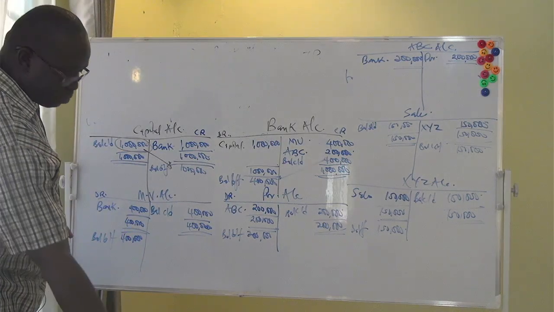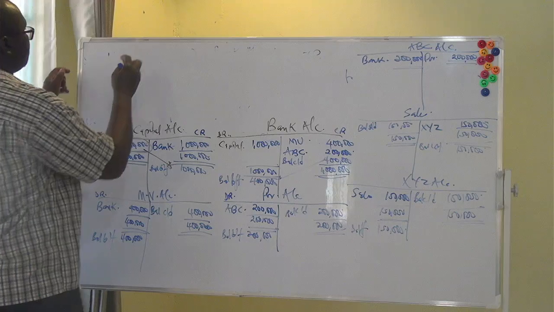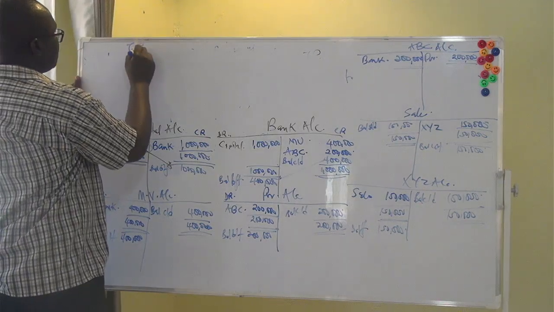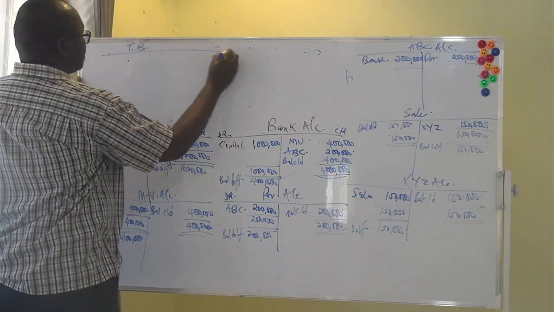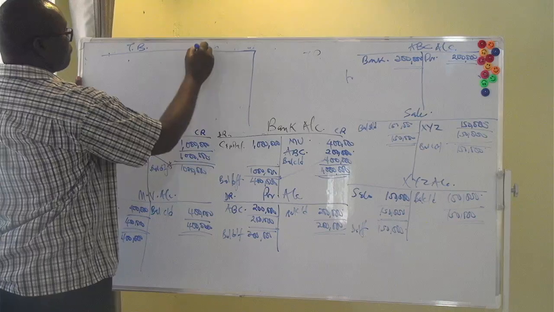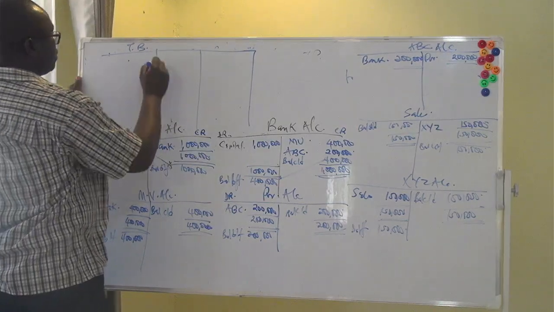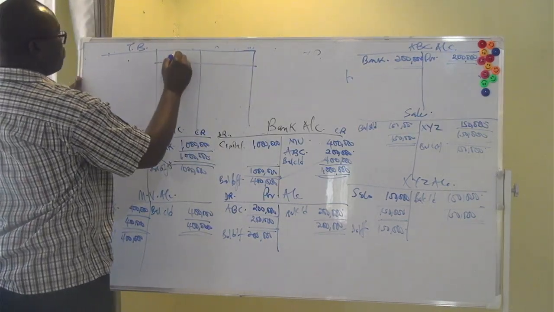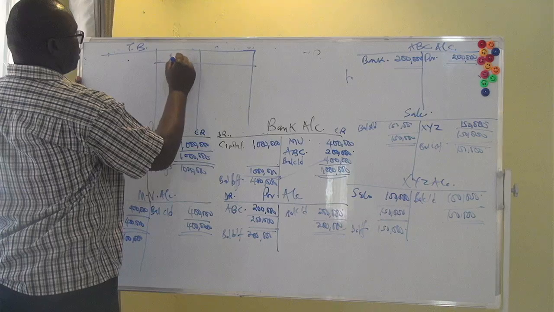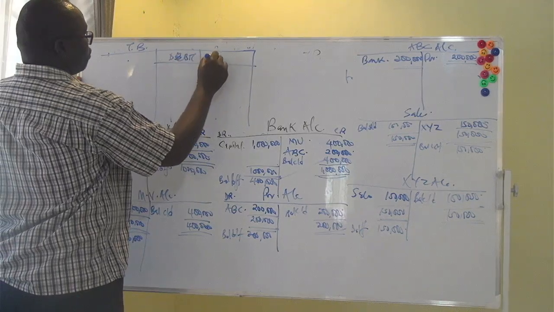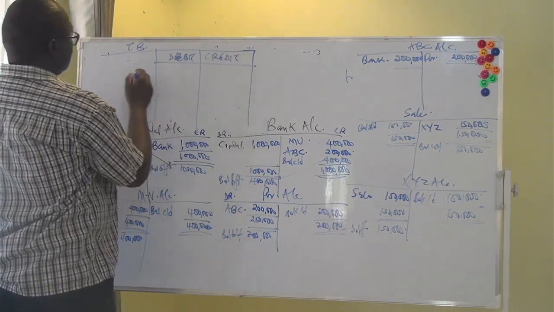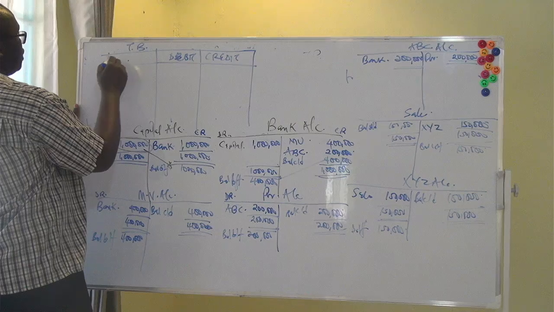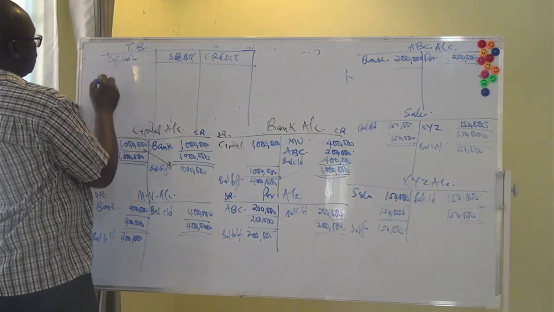So let me start over here. A trial balance has three sections: the debit side, the credit side, and the details, which is purely the account.